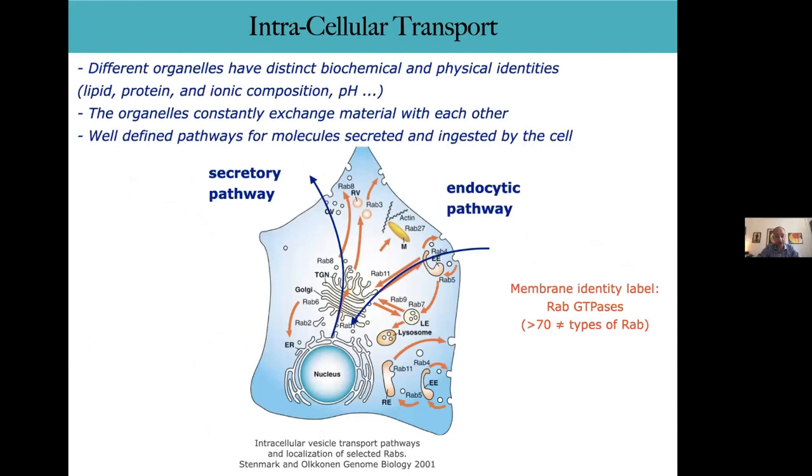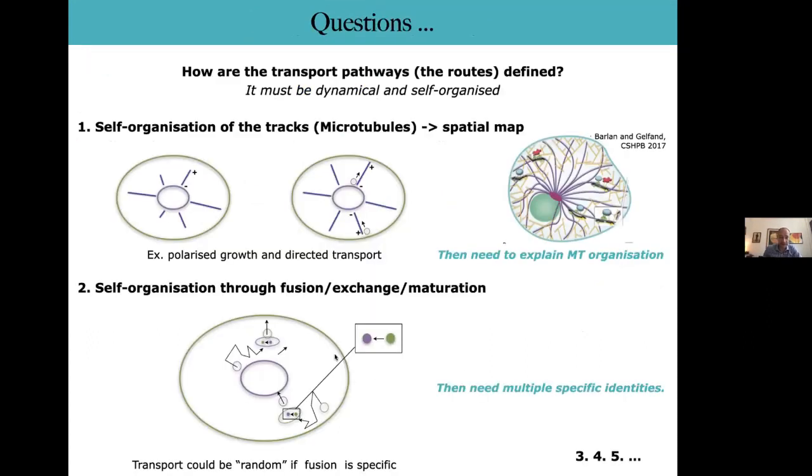For this second hypothesis to be viable, you need to be able to define identities, and you need to be able to define multiple different kinds of identities, because there are multiple different kinds of compartments. For this you need to have families of proteins or enzymes that can play this role.